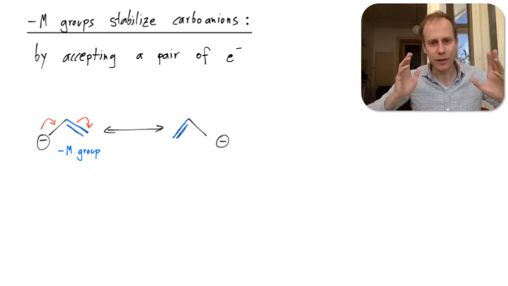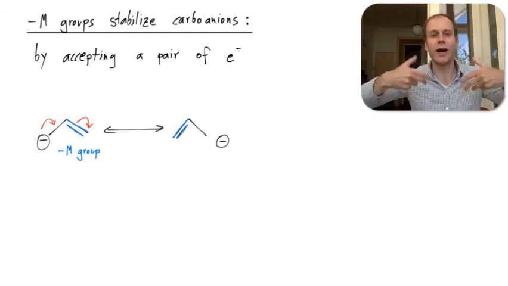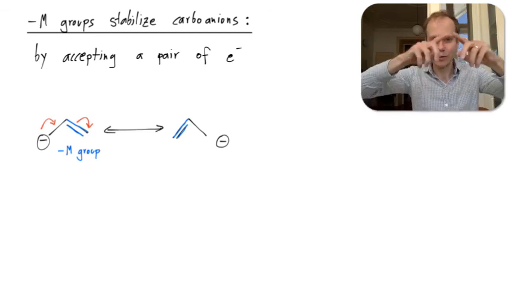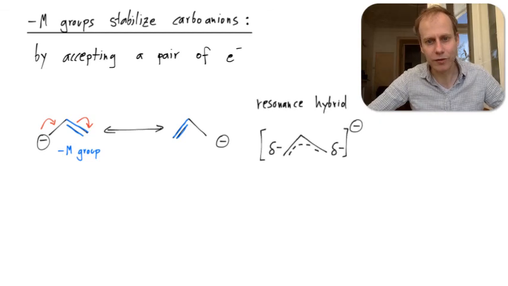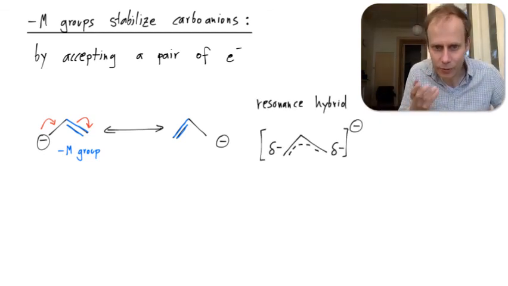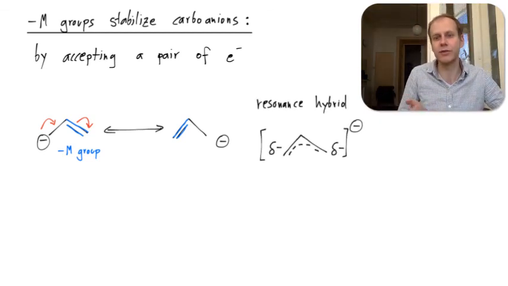Resonance means that both of them are present at the same time, just like in the benzene molecule the pi bonds are spread over the entire molecule. Here we have this delocalization, and that results in a so-called resonance hybrid.